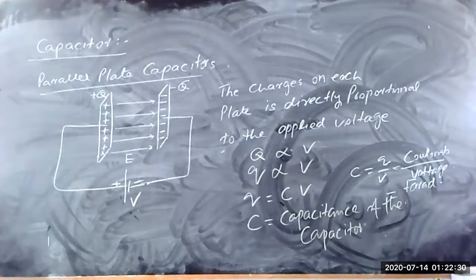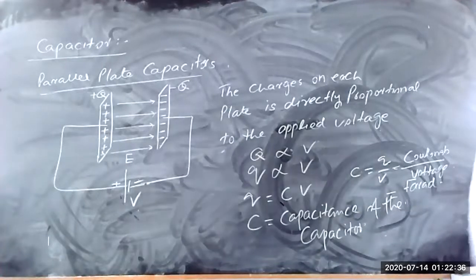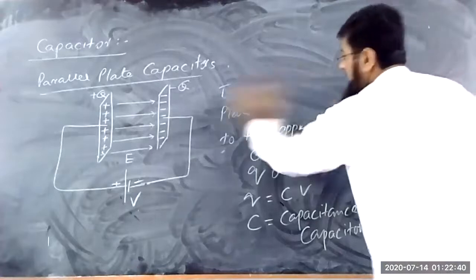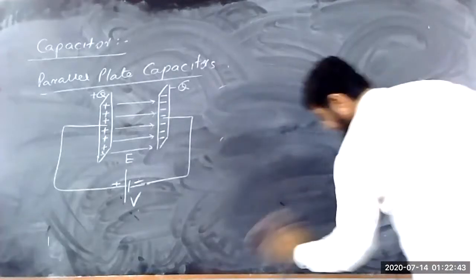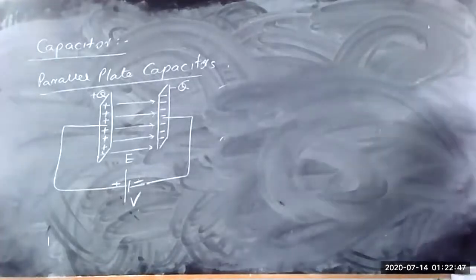So now we have to look at what the electric field between the plates is. So this is how the capacitance varies. Now we are looking at the electric field between the plates.